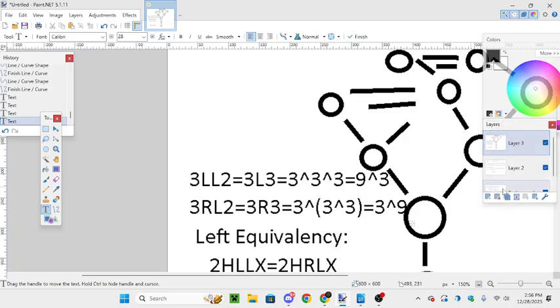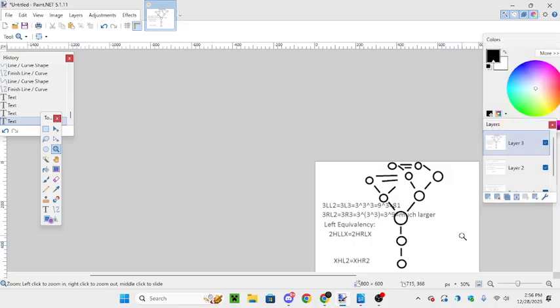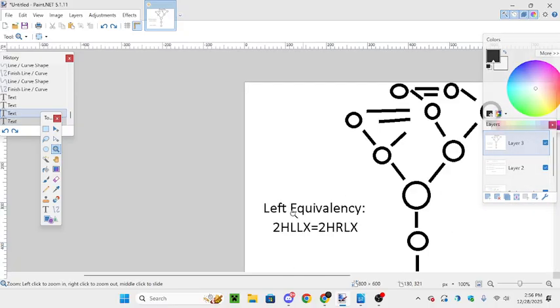And this is equal to 81. And this is equal to something much larger. So yeah, this left equivalency only works for the hyperpowers of 2.